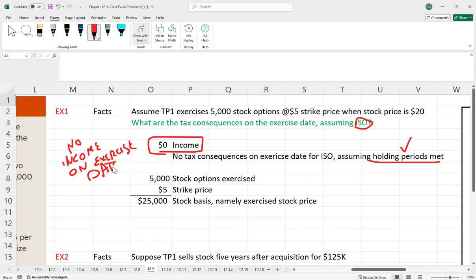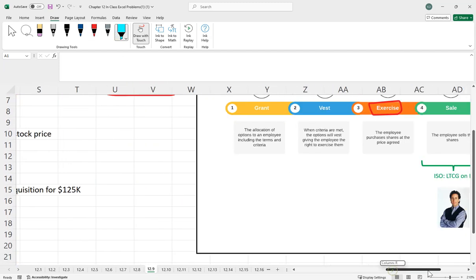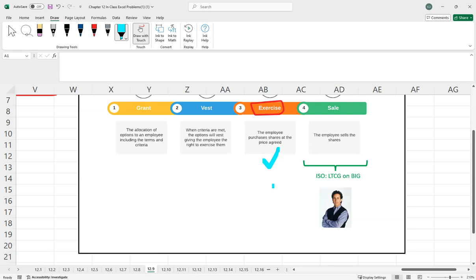And then if we ask what his basis in that stock is, the basis is going to be what he paid, so 25,000. We said on the exercise date nothing for Jerry, $0 of income. It's later on when he sells it.